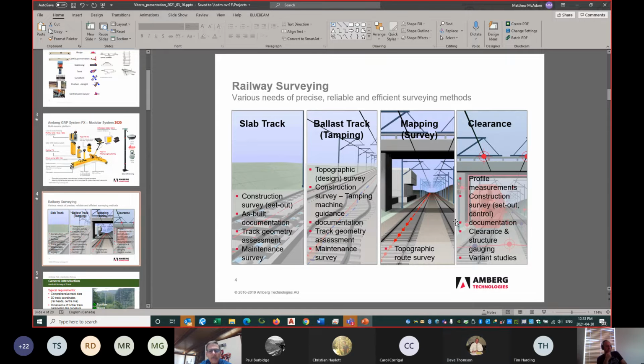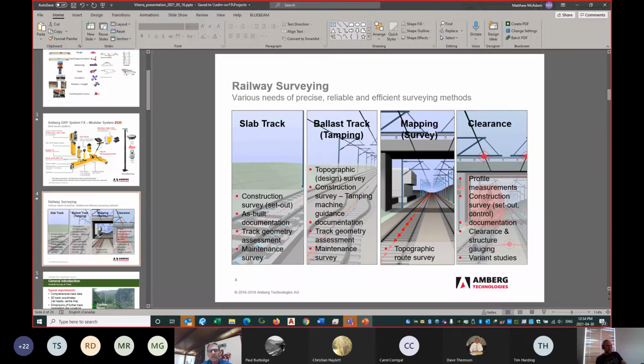Yeah, the mobile scanner that they have, because they run that Pegasus, would probably be good enough for that envelope stuff. But if you wanted all of those internal geometry parameters to that accuracy, would it make sense to put a scanner on an Amberg and run it down there? They run it on their Pegasus, they get their clearance measurements, and I'm not sure if they're calculating any track parameters. I don't think they are. So maybe that would be a little bit of a benefit, to have a scanner on it.